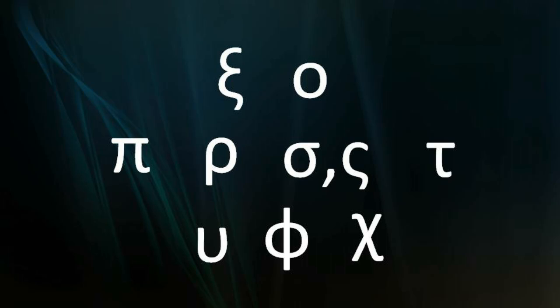And then we put it together with the first two. Xi, omicron, pi, rho, sigma, tau. And then we just have this last little cluster. So let's do the last line. Upsilon, phi, chi.